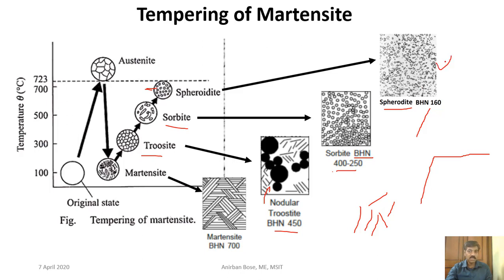This one is highly machinable and the softest kind of material, even softer than coarse pearlite. Whereas martensite is very hard and not suitable for the application, which is why these structures are preferred. So tempered martensites are used for all practical purposes.